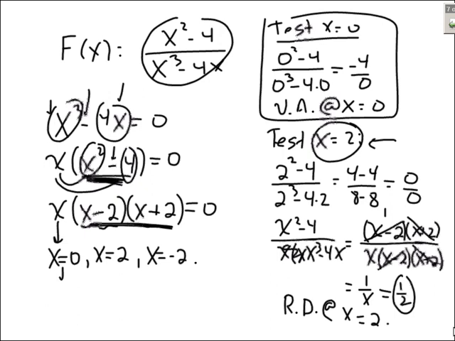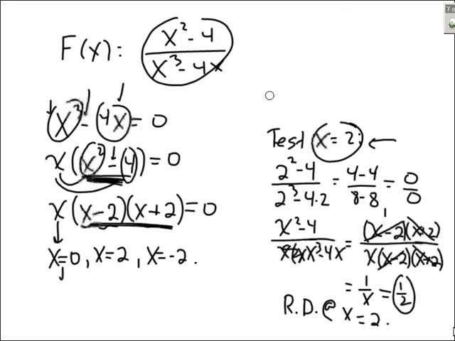Okay, let me erase part of this, and now we're going to test for x equals negative 2. Now in studying this, you need to study the steps. Don't worry about doing a million problems. Study the test. We are now going to test x equals negative 2.